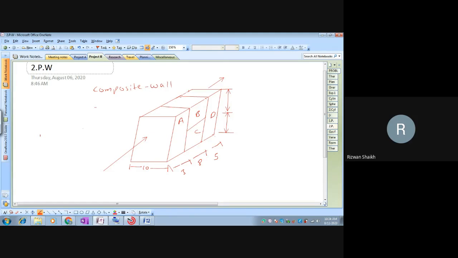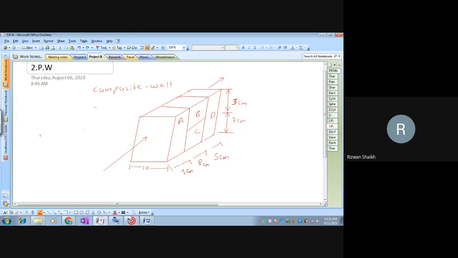After that we have the height. The bottom height is 7 centimeter and the upper height is 3 centimeter. The thicknesses are 3 centimeter, 8 centimeter, and 5 centimeter.